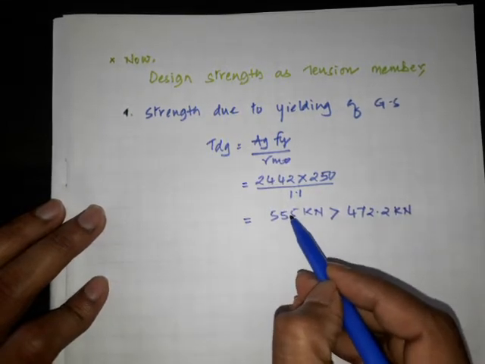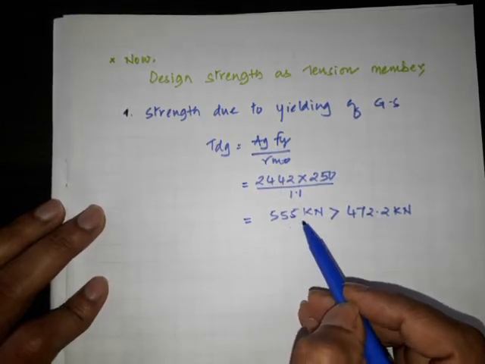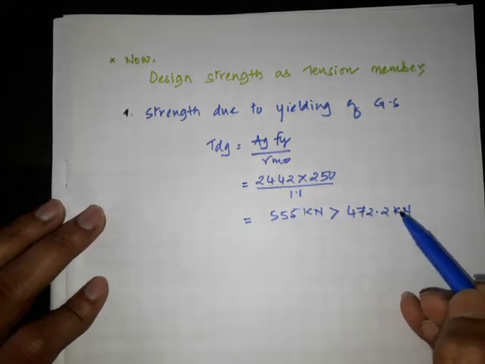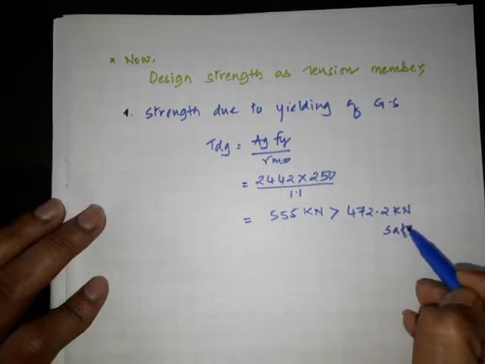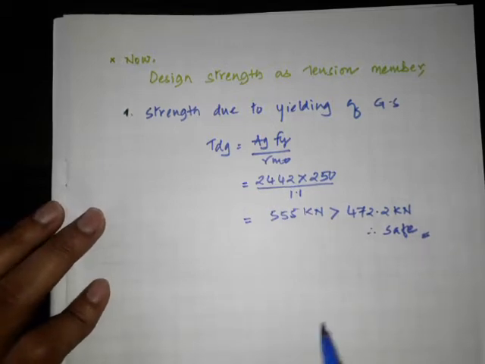The resistance is 555, so the section can carry a force of 555, while the force applied over the section is 472. Therefore it is safe. So in the first criterion our section is safe.